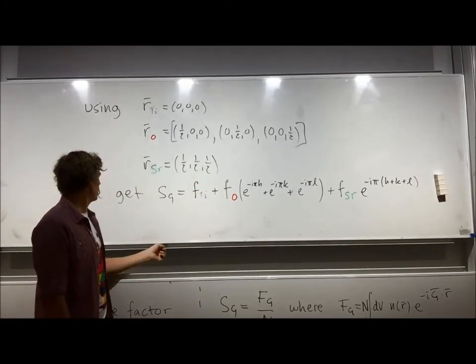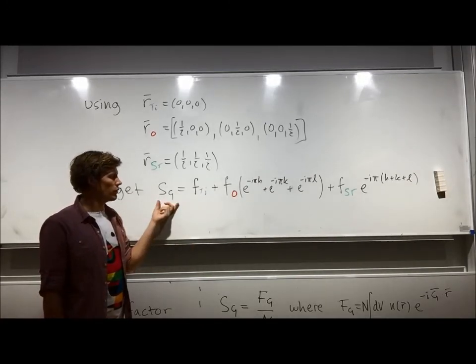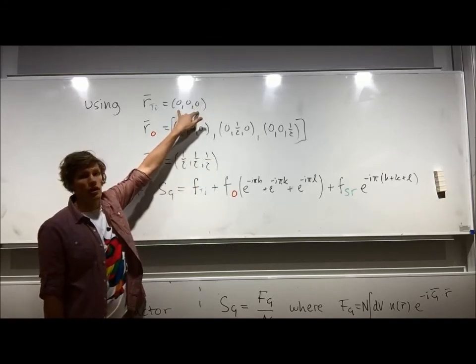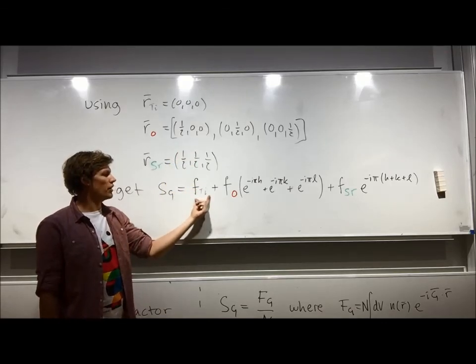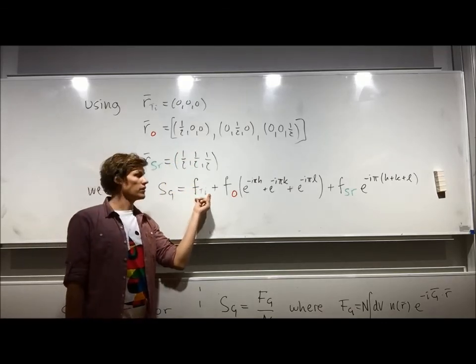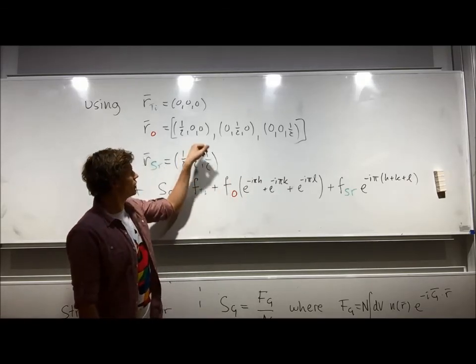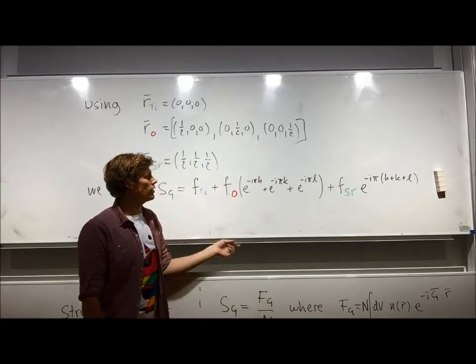Putting this together, we get the structure factor, putting in the relation that we had before. The phase factor vanishes, so you get 1 for the phase factor there. And for this case, you get one of these exponentials as the phase factor for each of these atoms.